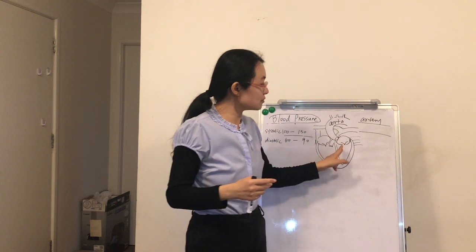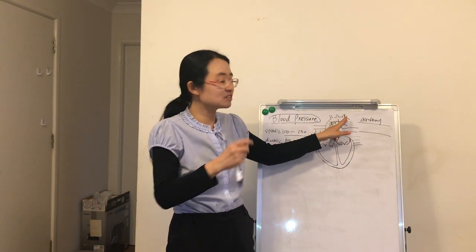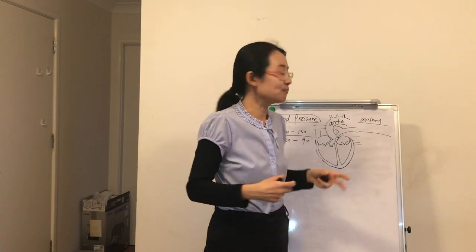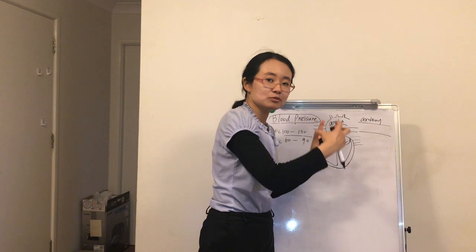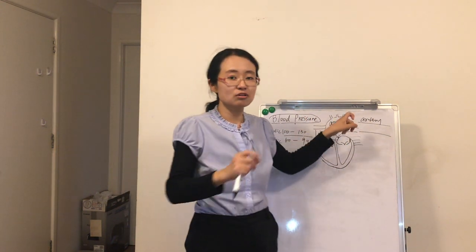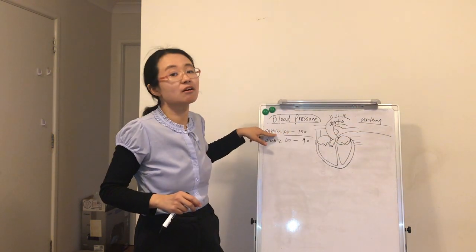From the left ventricle, the blood will be squeezed out into the aorta, which is the big artery, and then sent through the other arteries to the rest of the body. So when the heart starts to pump, the pressure inside the artery is also high. This pressure is called the systolic blood pressure.